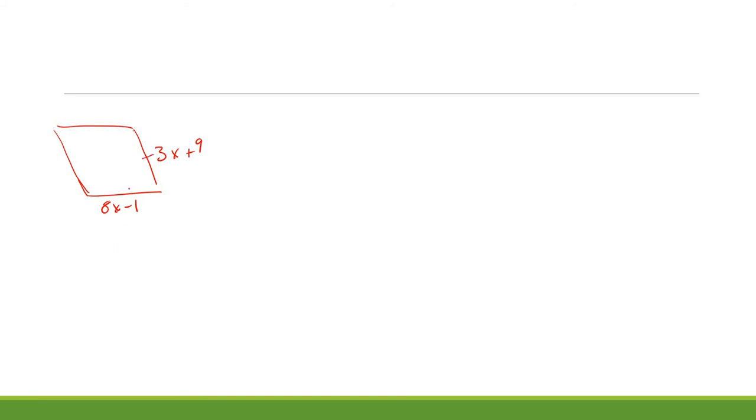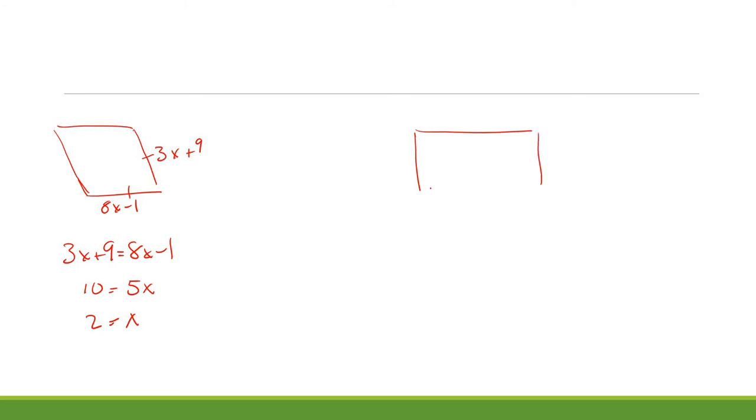So if this is a rhombus, these sides have to be equal. So I end up with 5x equals 10, x equals 2. So for the value of x equals 2, this parallelogram is a rhombus.